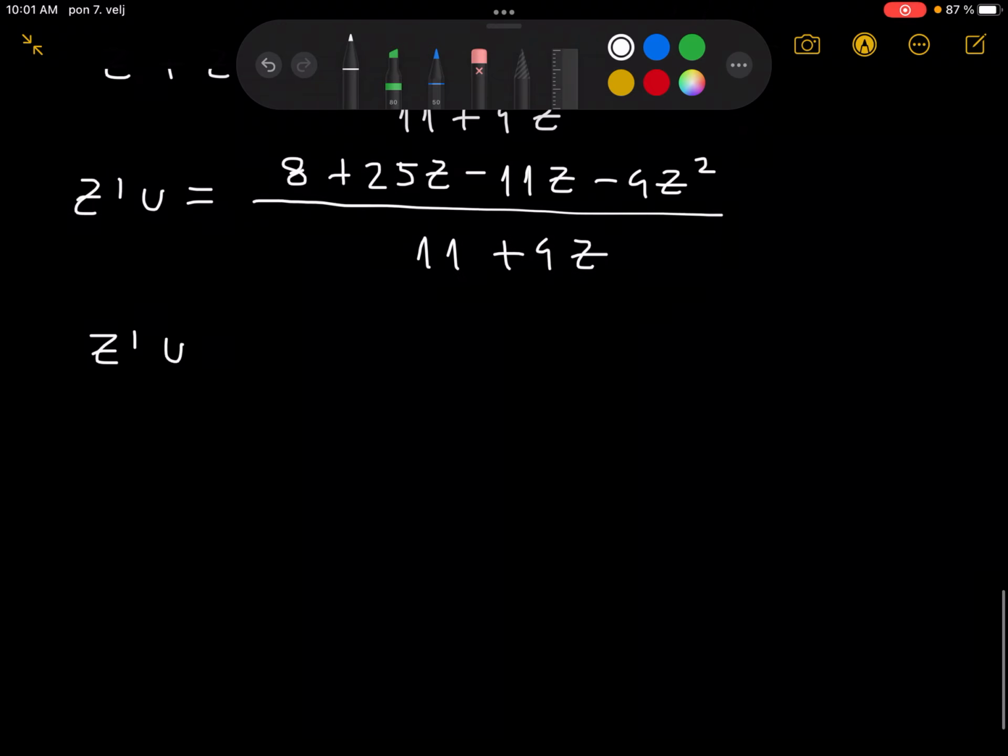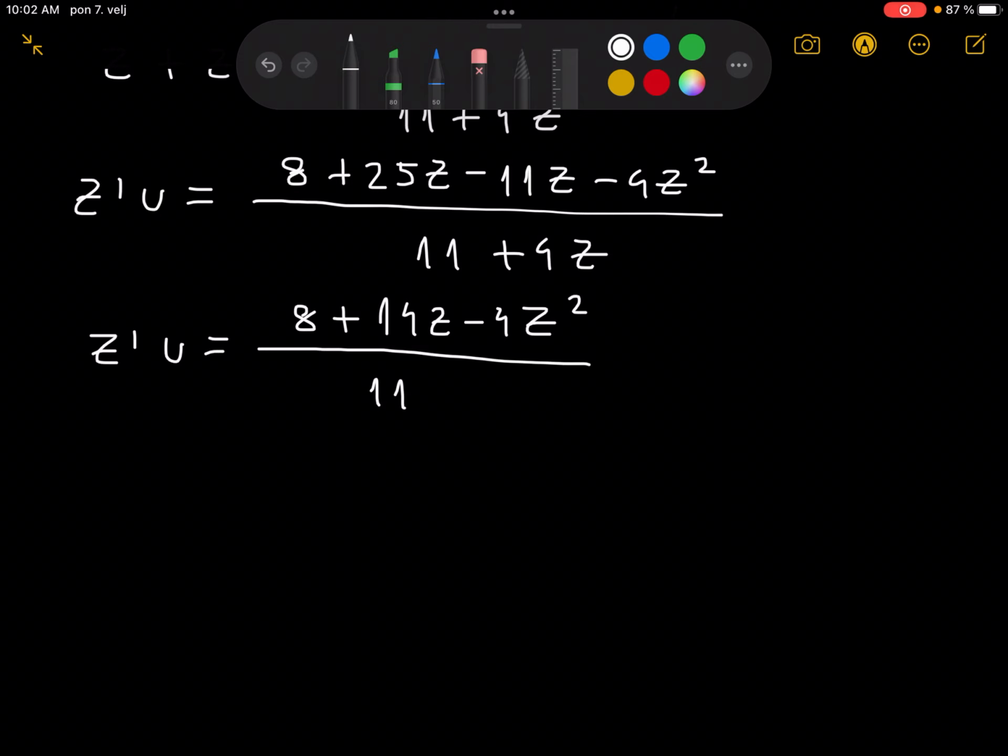So z prime u is equal to 8 plus 14z minus 4z squared over 11 plus 4z, and z prime u is the same as writing dz over du times u.